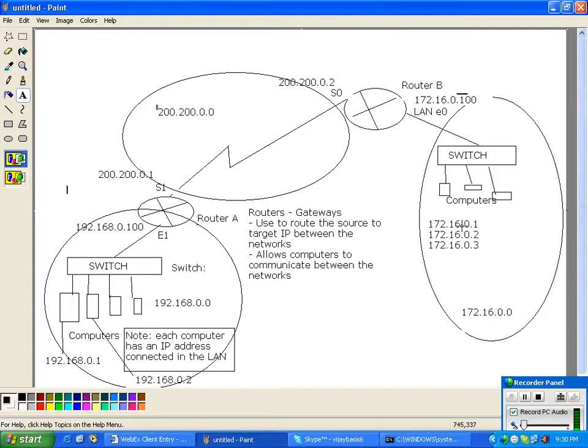So if I want to reach from the 192.168.0.1 computer to the 172.16.0.1 computer, the computer first goes to the 0.100 gateway, and from the gateway it goes to the serial port, S1 serial port, from S1 to the S0 serial port of router B, and from here it comes to the 172.16.0.100, and from there it goes to this computer. So that is the route path of the source computer to the target computer.